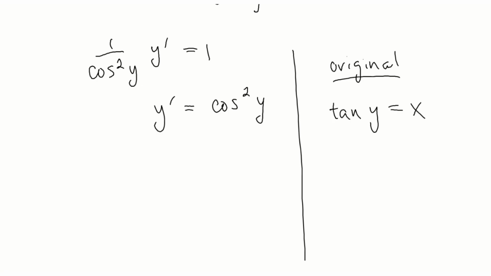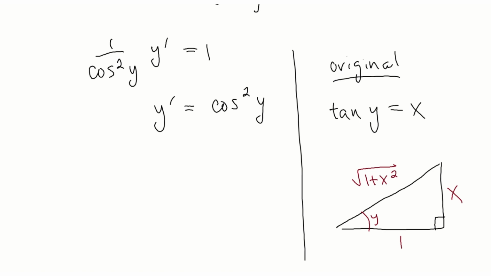Here's our original implicit equation, tan y equals x. And I'm going to encode that into a right triangle. Again, y here denotes the angle, and tangent is the ratio of the opposite leg over the adjacent. So we'll make the opposite leg x and the adjacent 1. That means the hypotenuse is the square root of 1 plus x squared. Now what's the cosine of y?